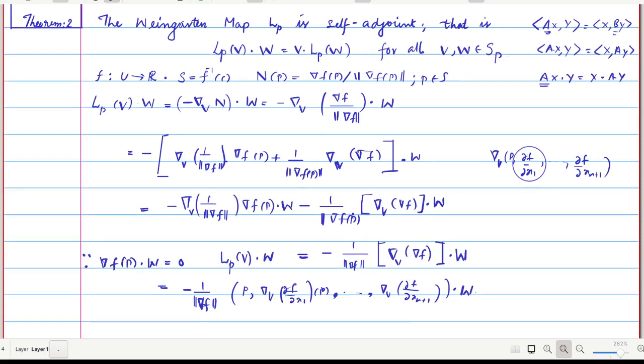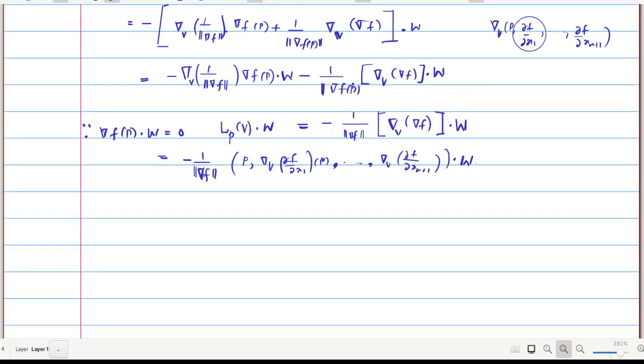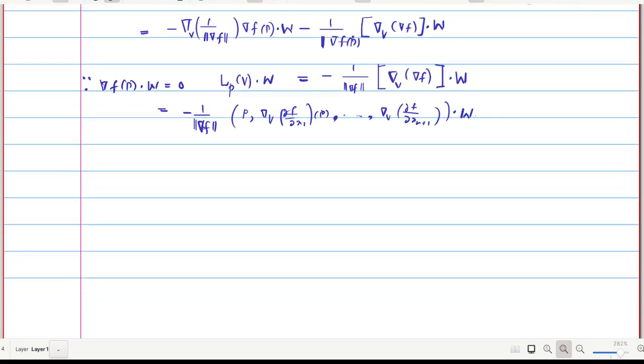Okay, now we evaluate this del v of del f, del v of dou f by dou x1 at p, which is equal to minus 1 by norm del f. Okay, now this is p comma and del v of this quantity can be evaluated using del v of dou f by dou x1 dot v.